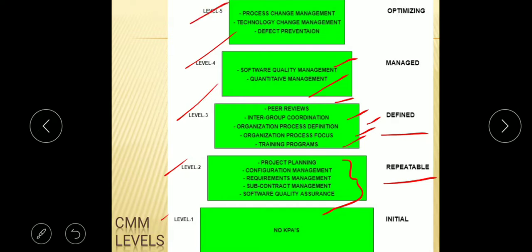It is also called optimizing. Process change management, technology change management, and defect prevention are the parts of this optimizing level, or level 5. In other words, we can say that it focuses on process improvement or optimization. So these are the 5 levels of the capability maturity model.